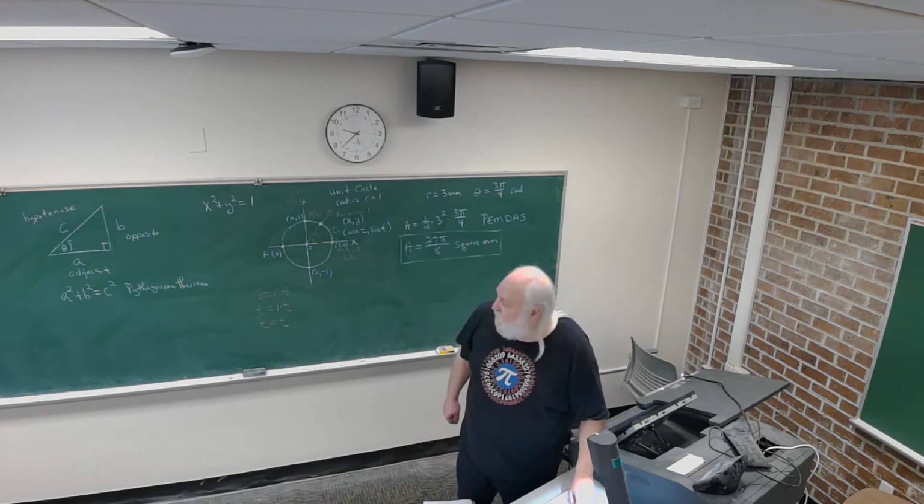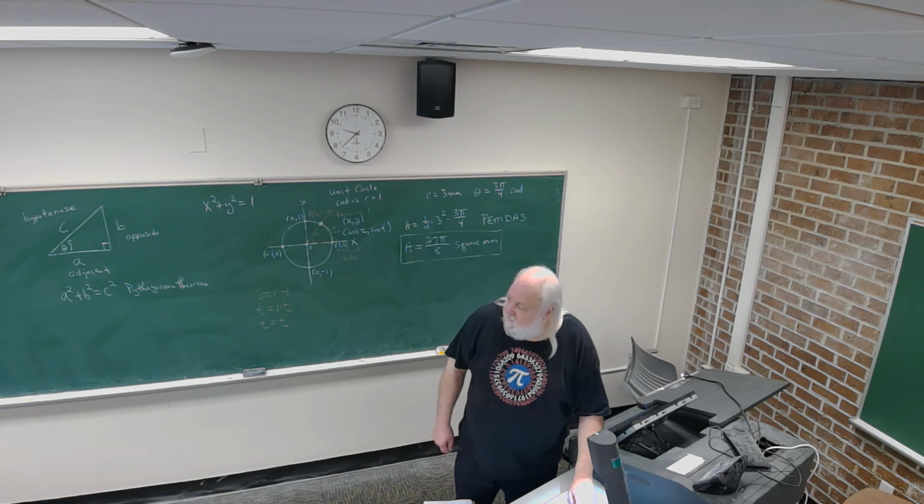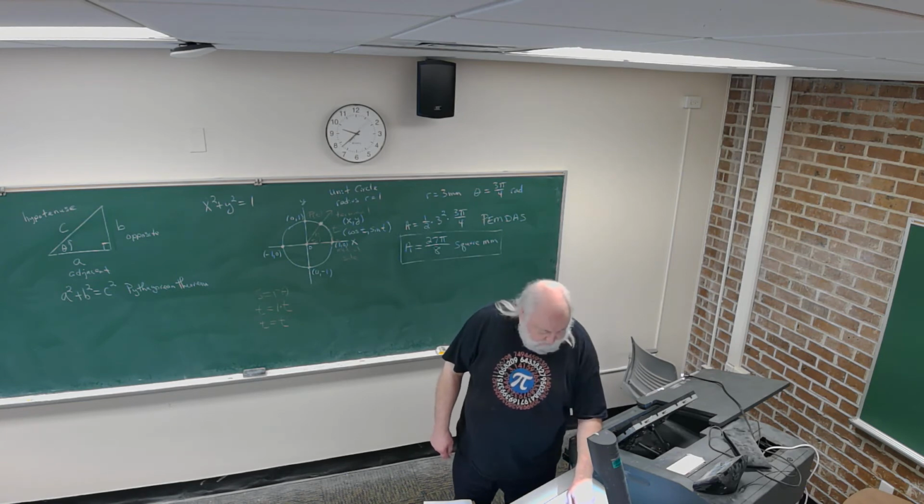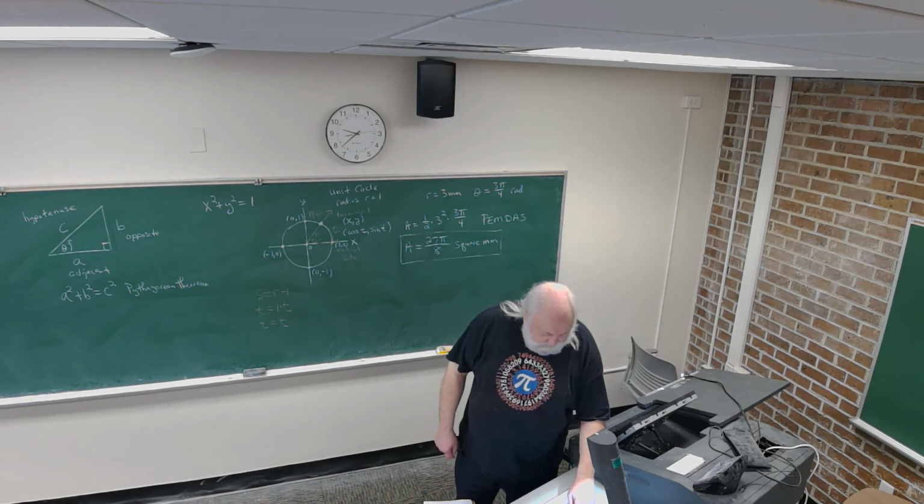Because by definition the sine of the angle t is equal to y, and the cosine of the angle t is equal to x, we can replace x up here with cosine t, and y up here with sine t. When we do that, instead of x squared plus y squared equals 1, we have the cosine of t squared plus the sine of t squared is equal to 1.